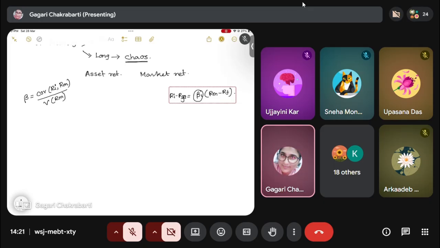At the same time, you are assuming that Ri minus Rf is depending on Rm minus Rf. But that is not at all the case.